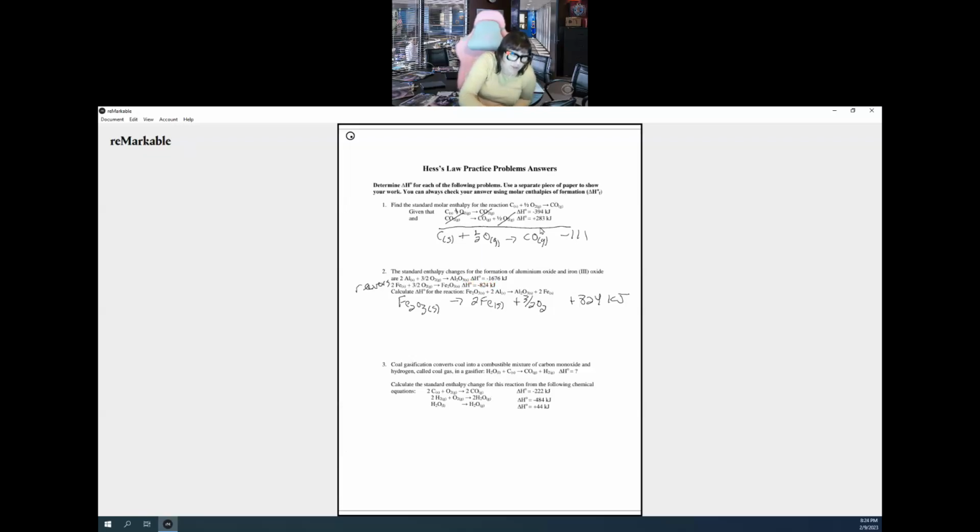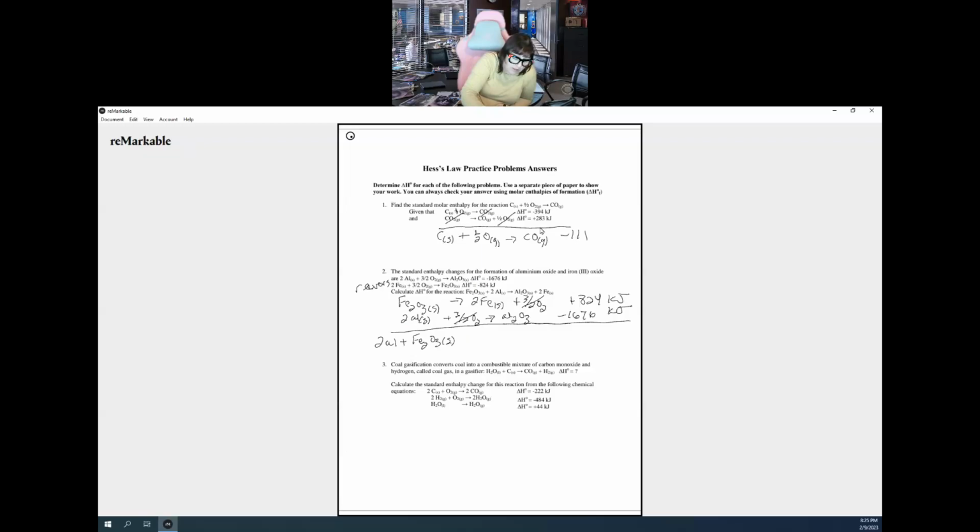So I add my 2 Al solid plus 3 halves of an O2 gives me Al2O3, and that is negative 1676 kilojoules. Adding those two together, I end up with 2Al plus Fe2O3 solid.